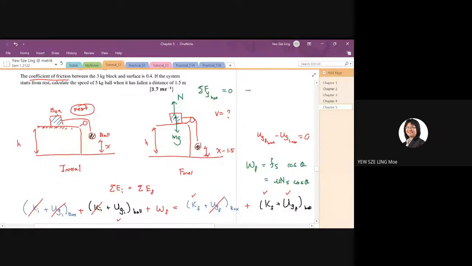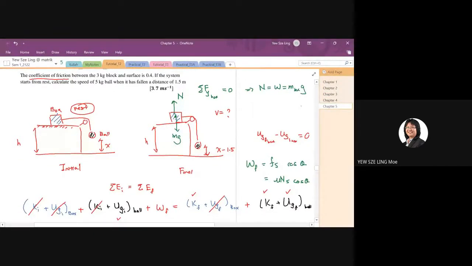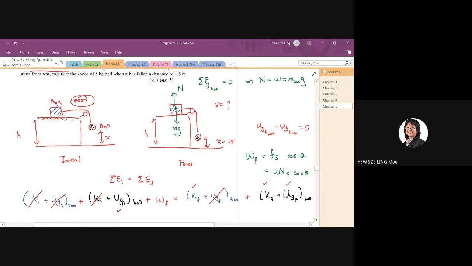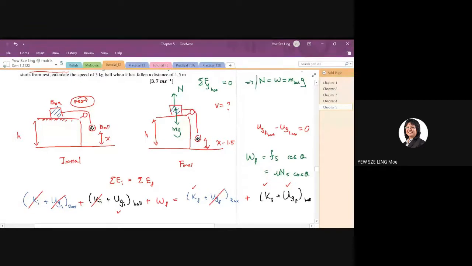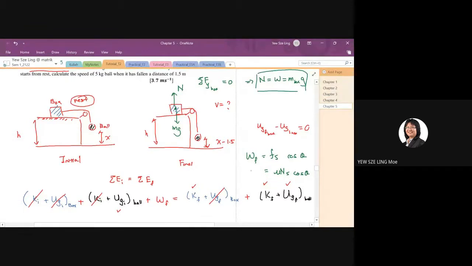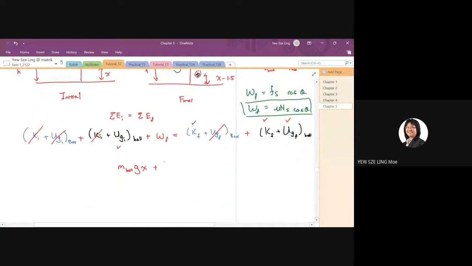Therefore, n is equal to W, which is equal to m box g. So from here, you can then calculate the normal force of the box. After you got n equals to mg, you sub it into Wf equals to mu n s cos theta, then this is our end product.